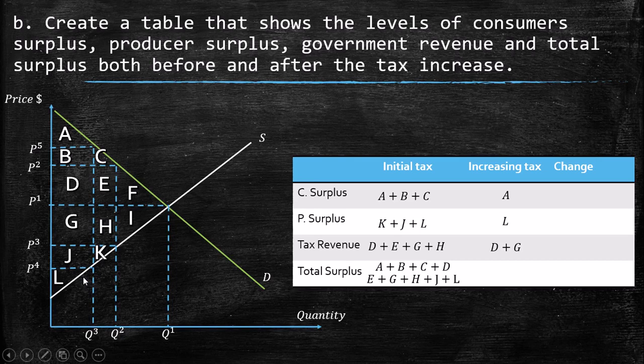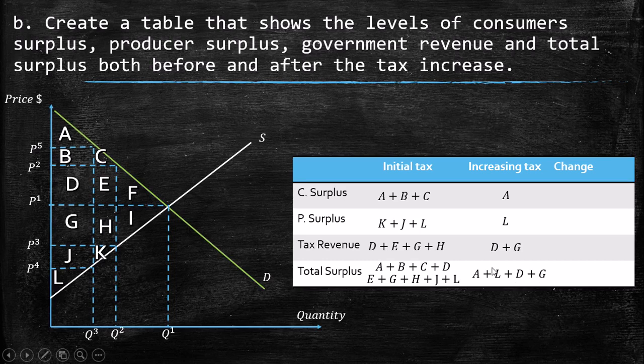So now the total revenue for the government is going to be DG and BJ. Here I missed BJ as well. Okay, so now the total surplus is going to be A, B, D, G, J, L. Still you need to put here B and J.